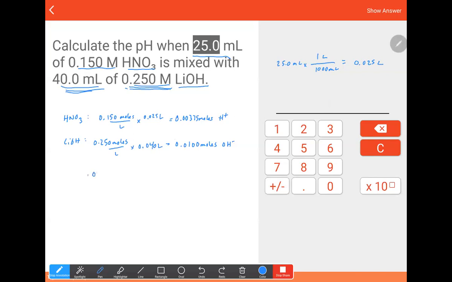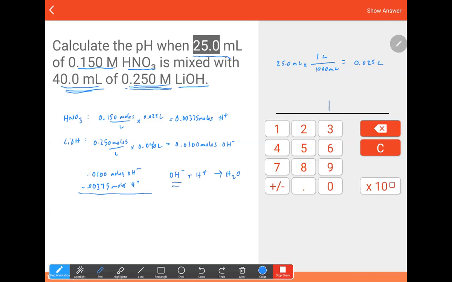So we're going to subtract 0.010 minus 0.00375, because the OH minus will react with H plus to form water. But once we use it all up, we're left with excess OH minus.